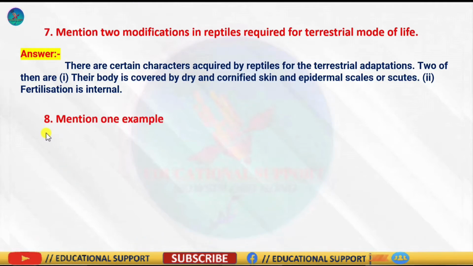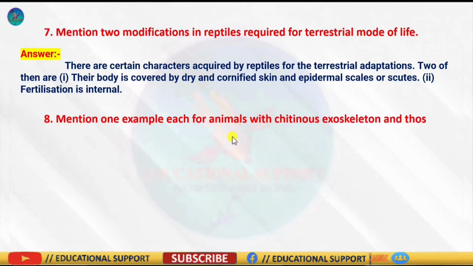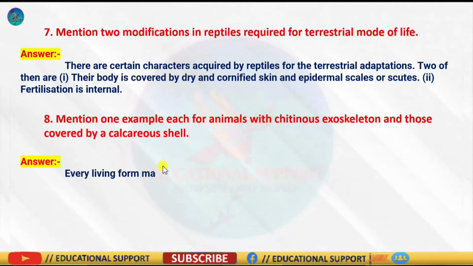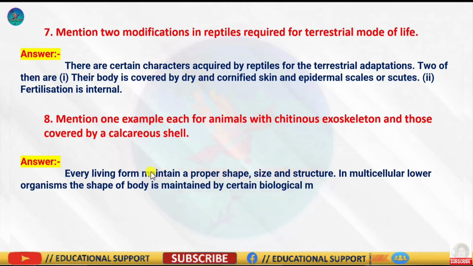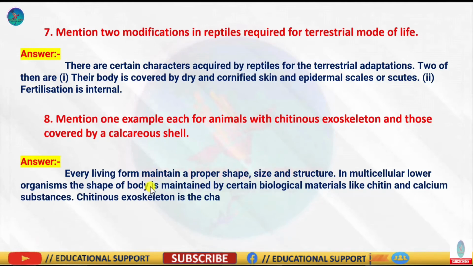Question number 8: mention one example each for animals with a chitinous exoskeleton and those covered by a calcareous shell. In multicellular lower organisms, the shape of the body is maintained by biological materials like chitin and calcium substances, because every living form maintains a proper shape, size and structure.